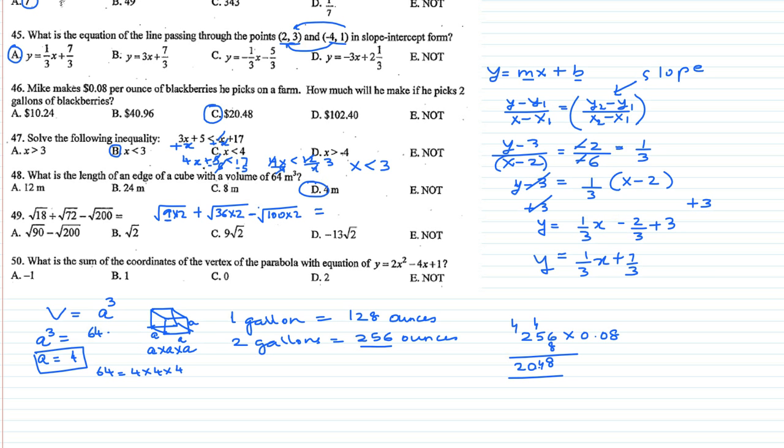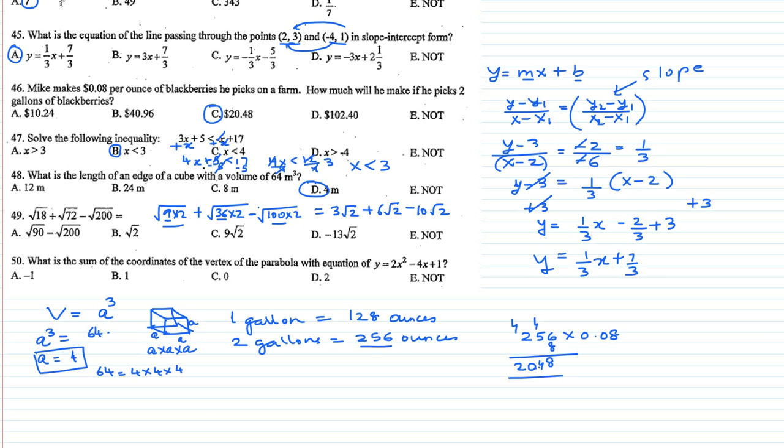So the square root of 9 is 3, so we write 3 square root 2 for the first term. The square root of 36 is 6, so we write 6 square root 2 for the second term. And then the square root of 100 is 10, so we write 10 square root 2 for the third term.